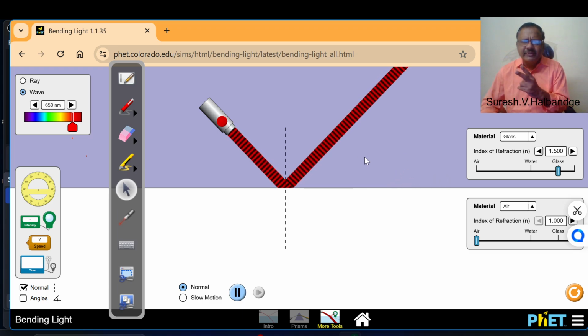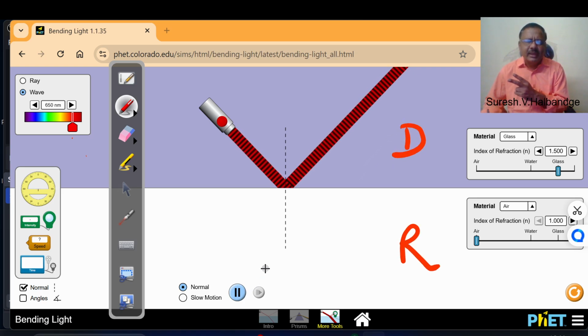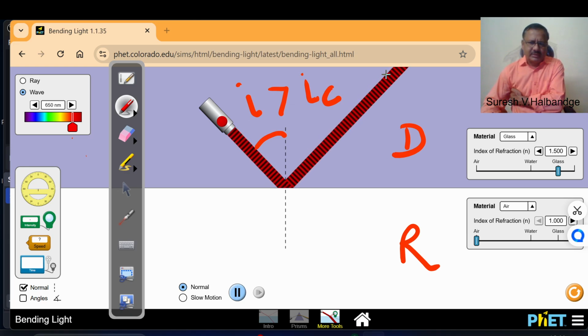The ray is passing from denser medium to the rarer medium, and at a certain angle of incidence I, which is greater than IC, we find that the ray is totally reflected in the same medium, and this phenomenon is called total internal reflection.